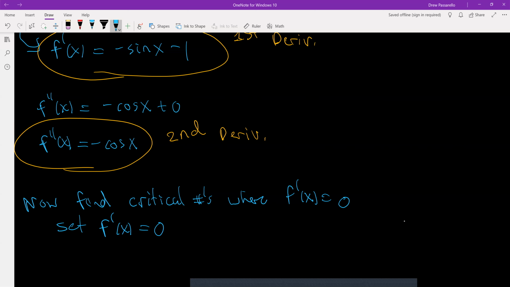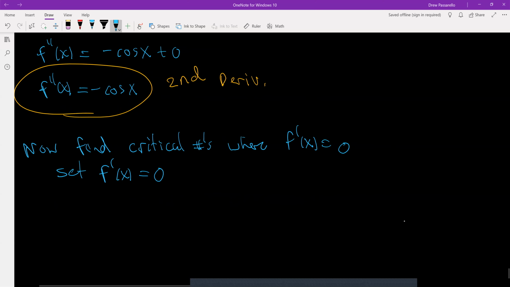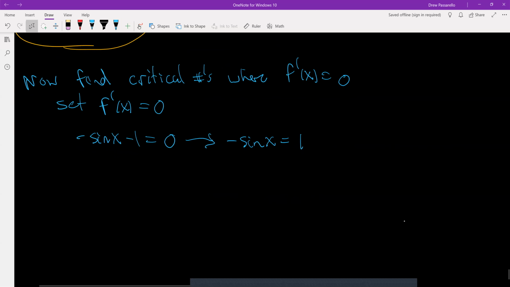The first derivative is negative sine x minus 1. And then solve for x. So I would add 1 to both sides, so you have negative sine x equal to 1. And then divide by negative, so that would be sine x equal to negative 1.